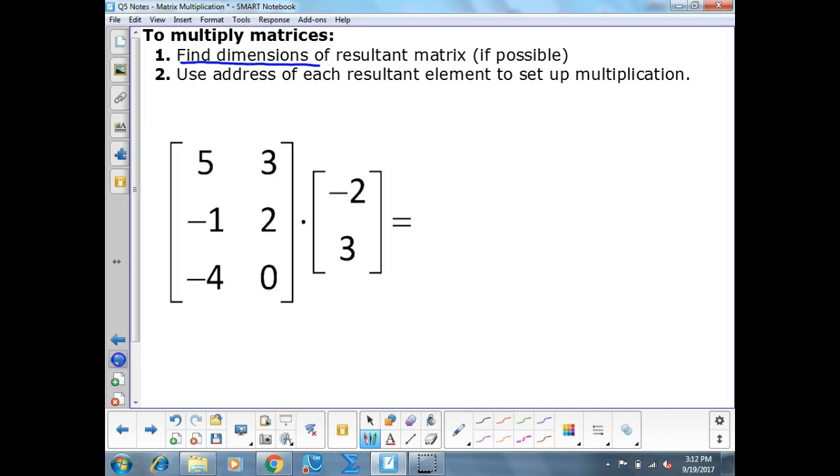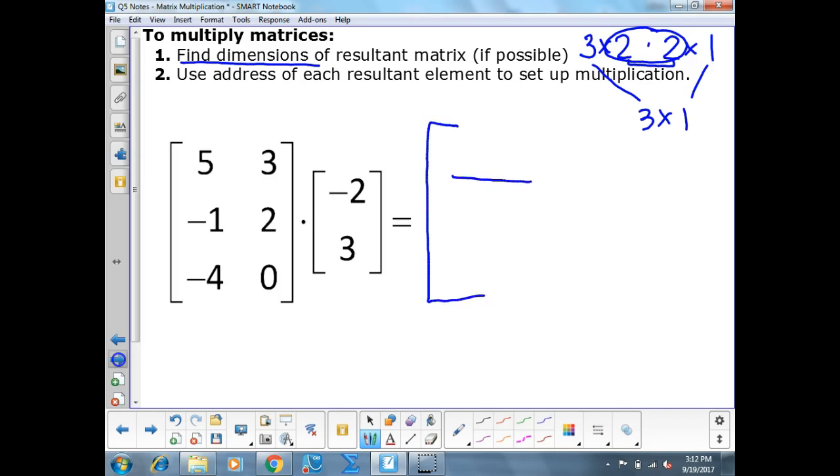My first matrix has 3 rows by 2 columns, and I want to multiply that with something that is 2 rows by 1 column. So it's possible to multiply them because those middle values are the same. And so my resultant matrix is going to be a 3 by 1. So that means I'm going to set up the size of my answer. I'm going to have 3 rows and 1 column.